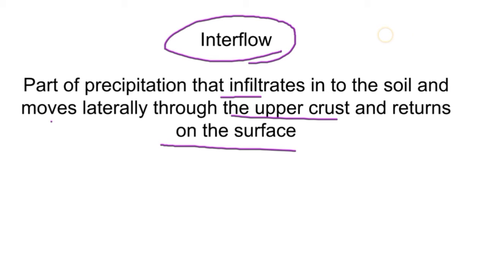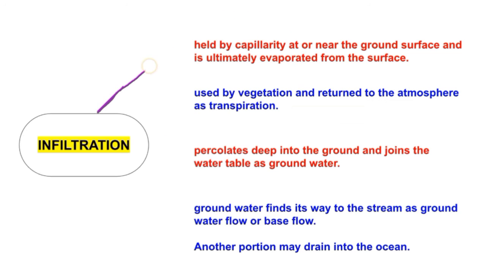Some portion of the infiltrated water is held by capillarity, which is the saturated zone at or near the ground surface, and is ultimately evaporated from the surface. Then some portion is used by vegetation and it will return to the atmosphere as transpiration.